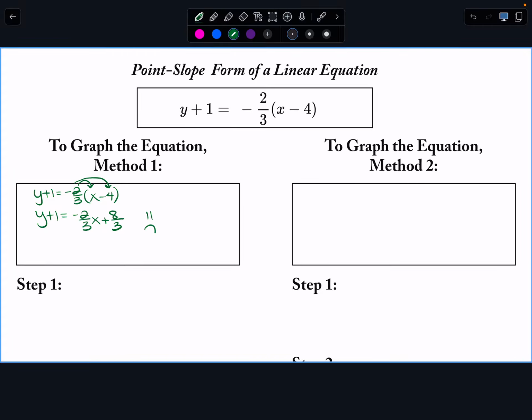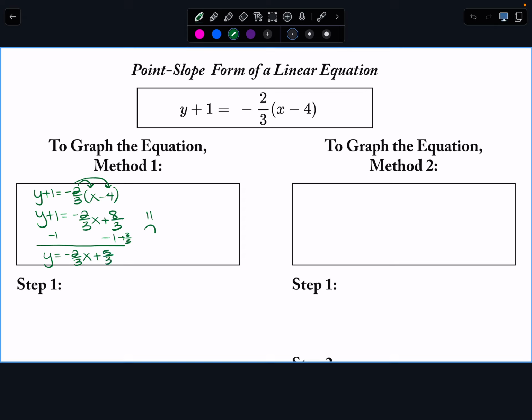Nobody. Right? Because once I subtract by 1, I'm getting y is equal to negative 2/3 x plus 1 is the same thing as, just kidding, 3/3, so this gives me 5/3.